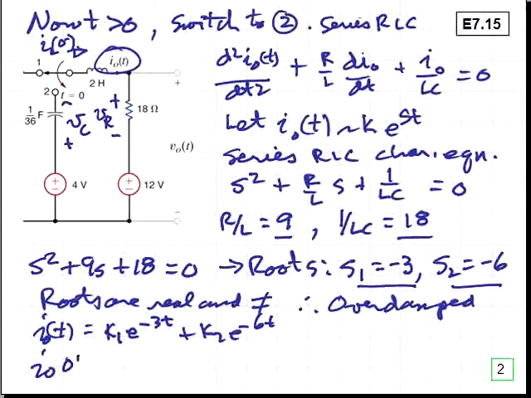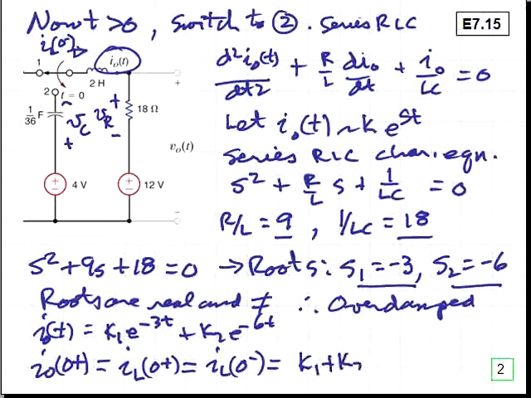The I_O at 0 plus, just after the switch operates, is equal to IL at 0 plus, which by continuity of the inductor current is IL at 0 minus, and that's equal to K1 plus K2 from our assumed solution form for the current. We just determined that initial condition on the inductor was 1/2 ampere. So there's an equation in the K1 and K2 coefficients.